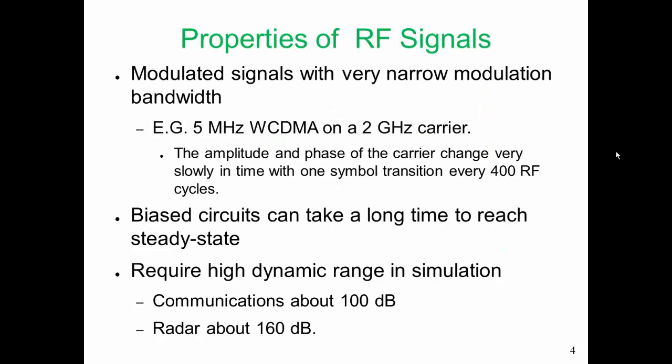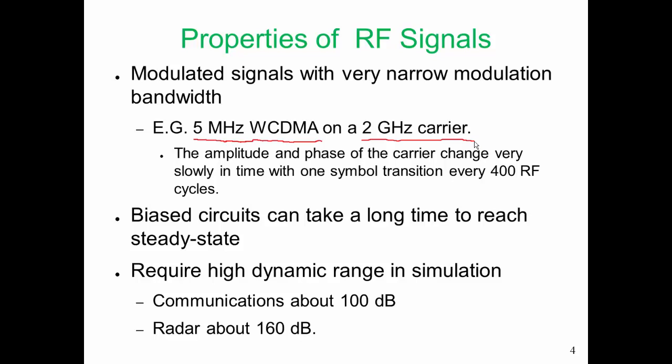There are some particular characteristics of the RF signals that we will be using to drive our RF circuit. In general, we will be dealing with modulated signals with very narrow modulation bandwidth. For example, a 5 MHz wideband CDMA signal on a 2 GHz carrier. So the carrier is a sinusoid varying at the rate of 2 GHz.